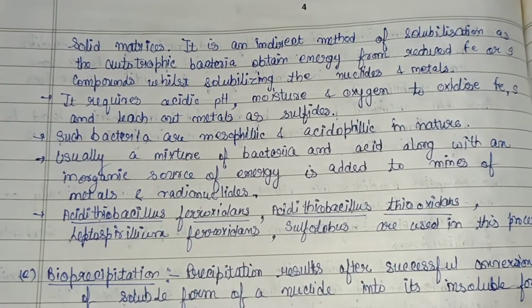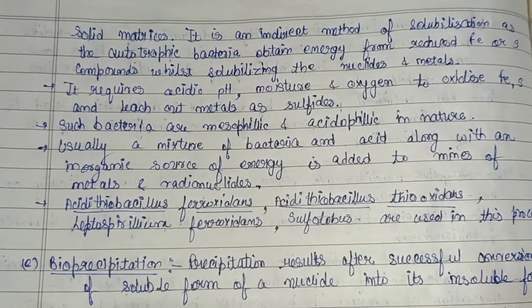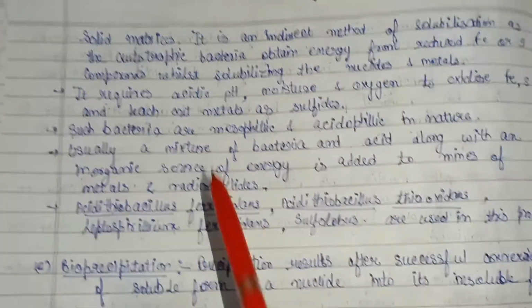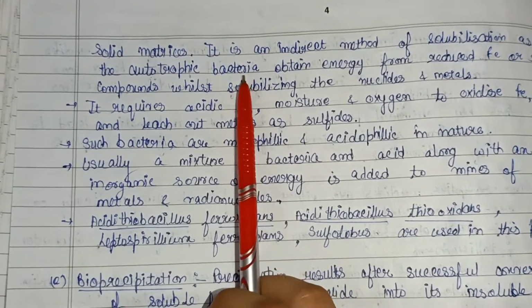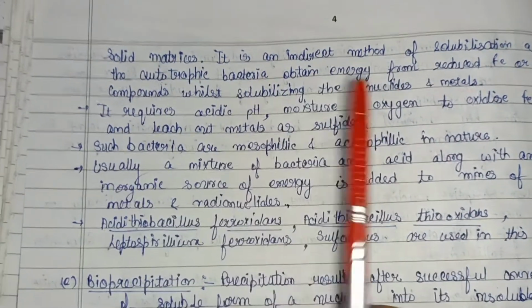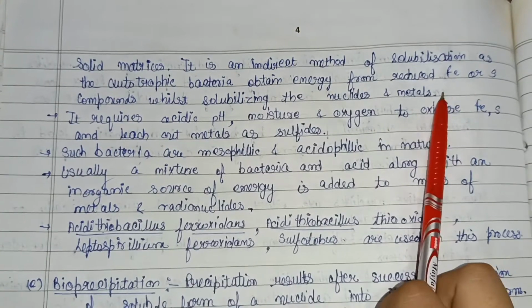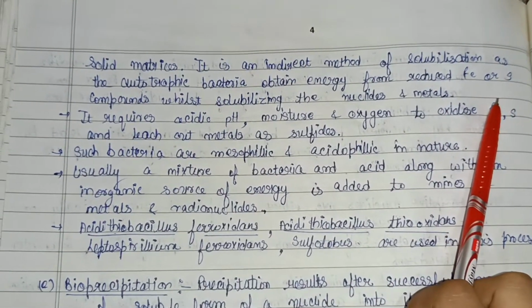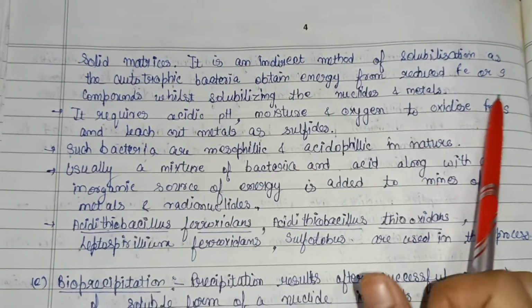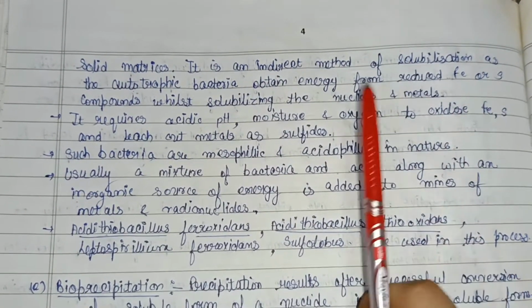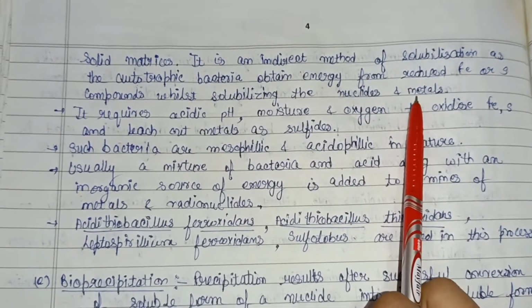It is an indirect method of solubilization, as the autotrophic bacteria, that is, those bacteria which prepare their own food, obtain energy from reduced iron or sulfur compounds while solubilizing the nuclides and the metals. They feed upon these compounds and then solubilize the nuclides and the heavy metals.